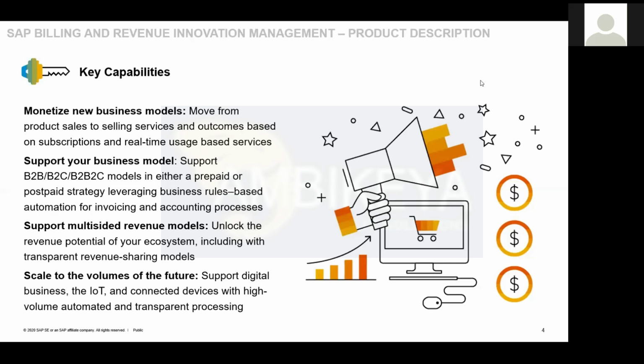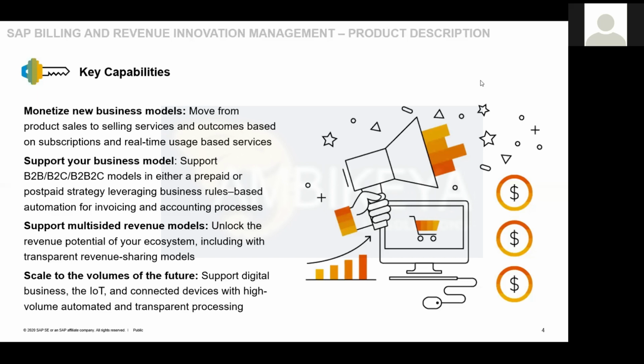On the other side, we also handle prepaid or postpaid strategies in our processes, and we also have a high automation for invoicing and accounting. We use here the function of the FICA mass processes.